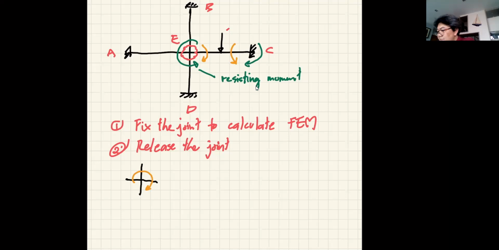But we have the resisting moment coming from each member. You see, the green one is in the same direction as this, so it will try to resist this. Okay, let's say this is your step number 3.